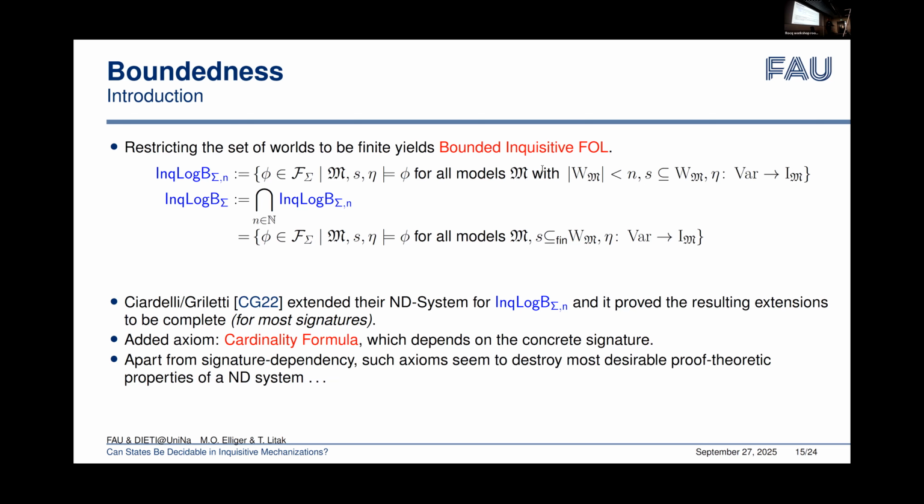Ciardelli and Grilletti were extending the natural deduction system with something called cardinality formulas, but they were extremely heavily signature dependent. And the way they were designed would break down everything that one normally expects from anything looking reasonably like a natural deduction system with some computational interpretation.